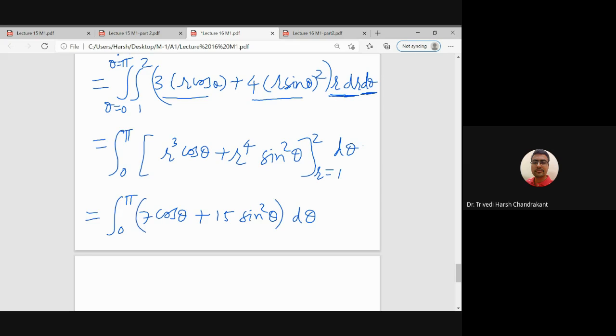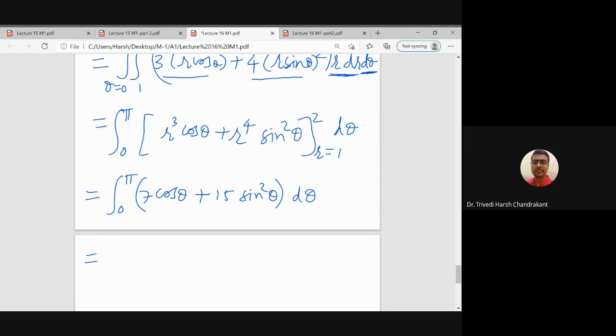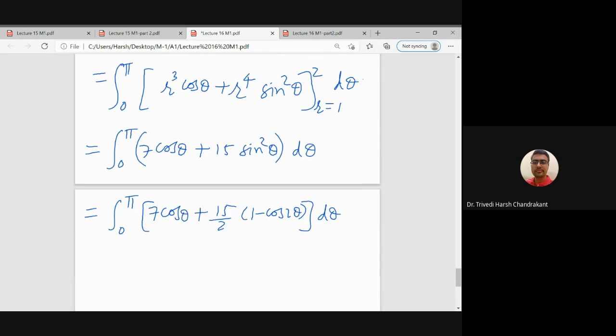So now we need to integrate this function. For sine square theta, we will use the trigonometric formula: sine square theta is (1 minus cos 2 theta) by 2. So this will be the integral from 0 to pi of 7 cosine theta plus 15 by 2 times (1 minus cosine 2 theta), integrating with respect to theta.